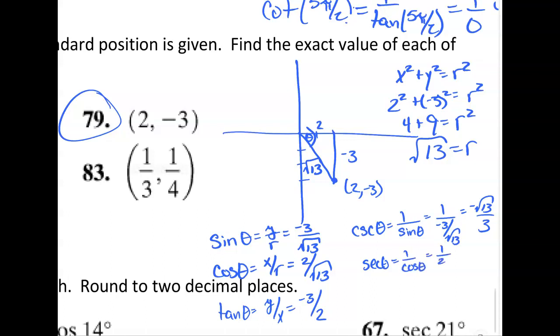That's going to be 1 over 2 over square root of 13, which is square root of 13 over 2. And cotangent is 1 over tangent, 1 over -3 over 2, which is -2/3. So there's a value for all of those 6 different trig functions.